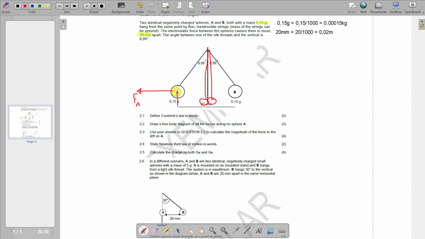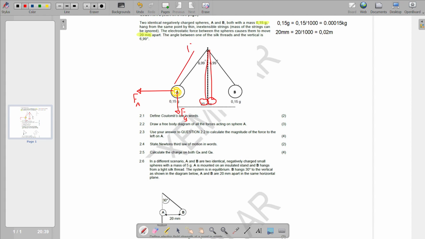And then perpendicular to it, against the gravity, is Fg.